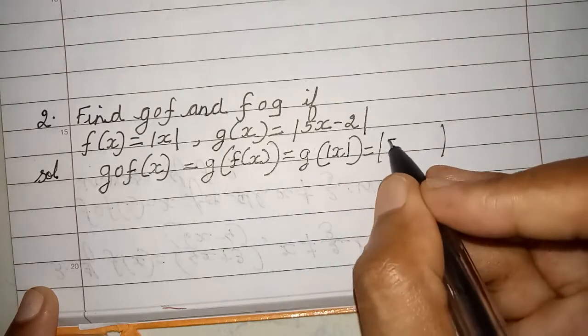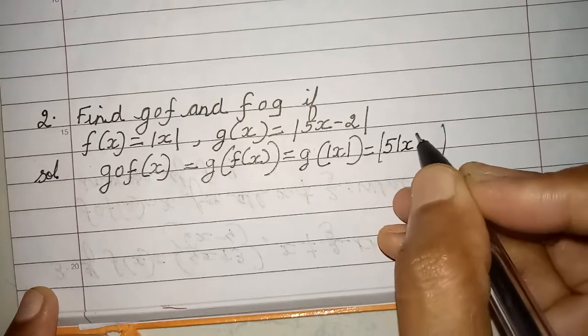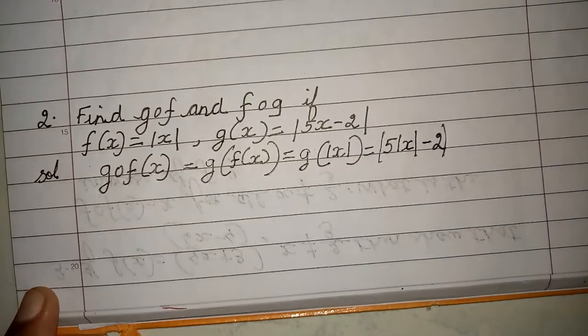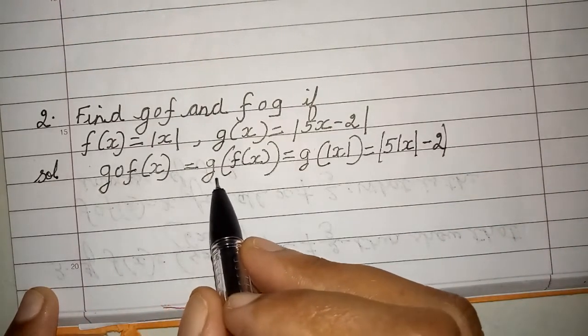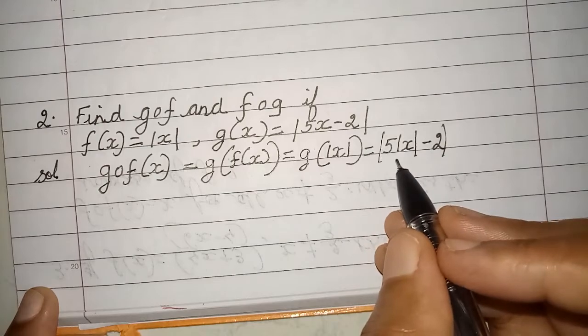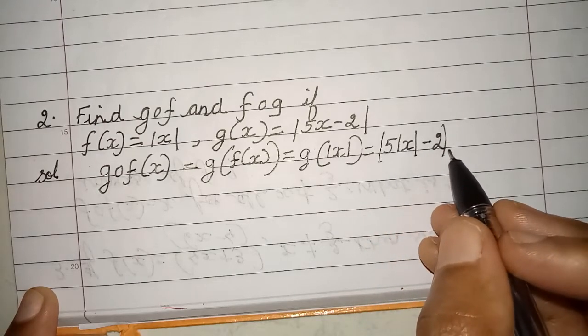So my g composite f at x, which is g of f of x, is nothing but modulus of 5 times modulus of x minus 2.